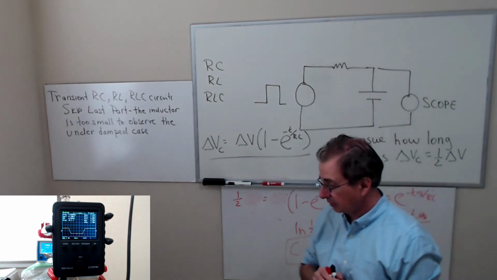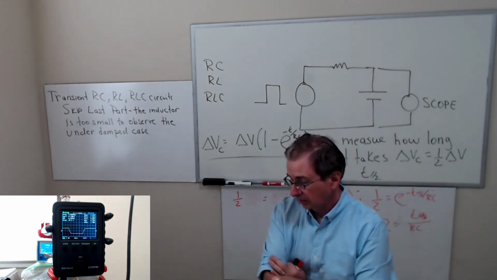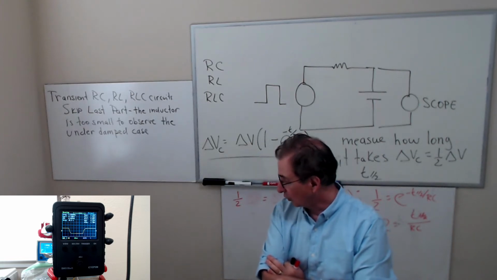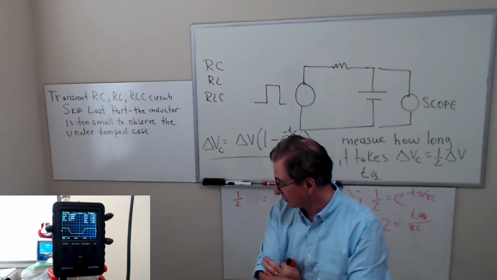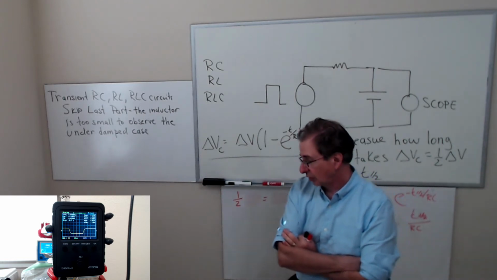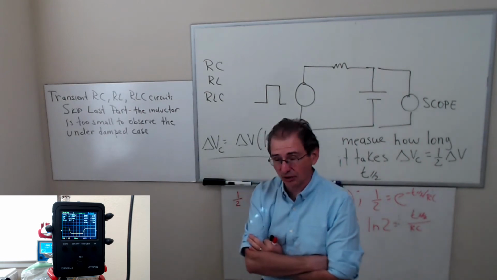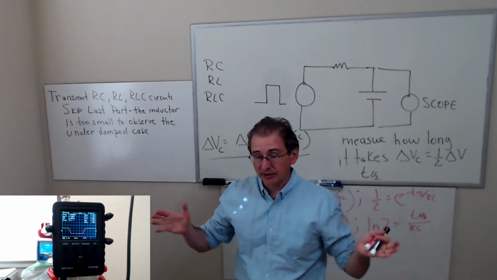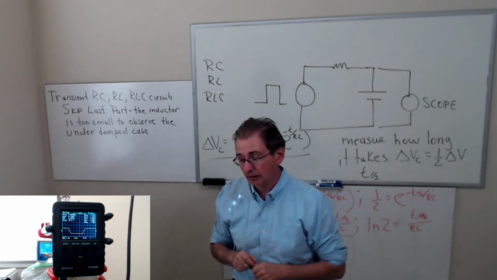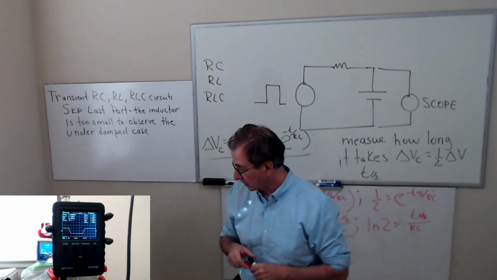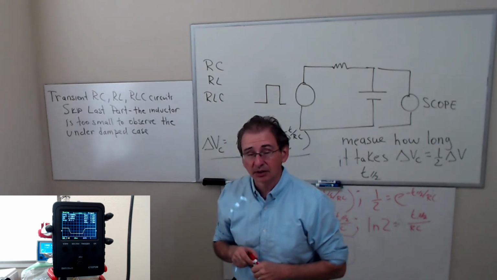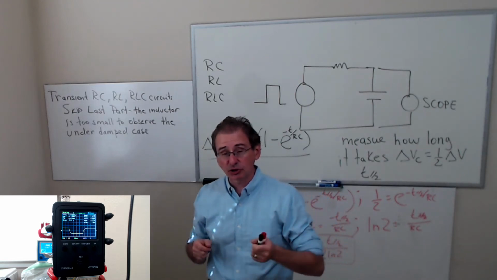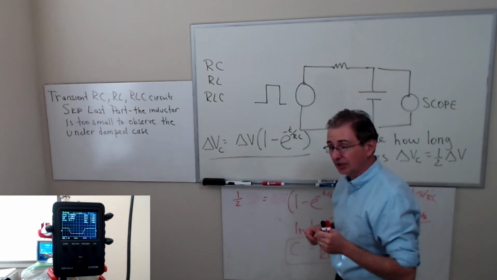Really, that's it for the measurement for part 1. There's one part that we normally do that I had to take out because we can't do it with this scope. The scope doesn't have a feature. Most oscilloscopes have a feature where you pull out a button and it expands the horizontal scale by a factor of 10. If you look at the trace on the oscilloscope that you see in the bottom left-hand corner, you can actually measure the slope at t equals 0.